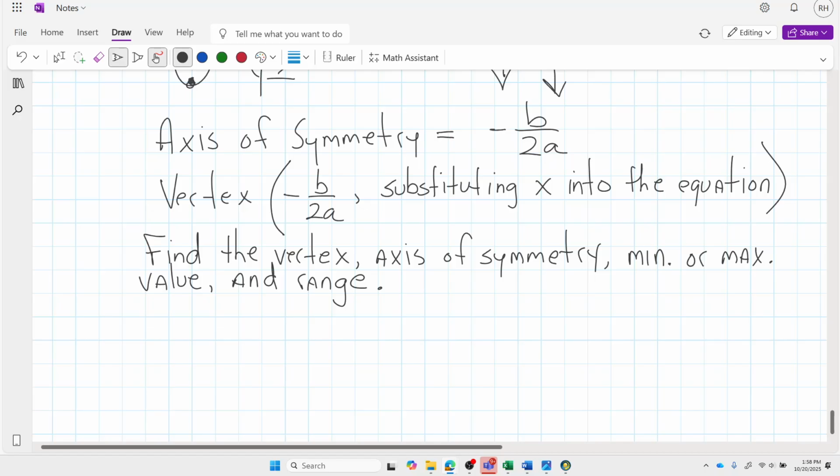All right, so you got to find vertex, axis of symmetry, minimum or maximum value, and the range.